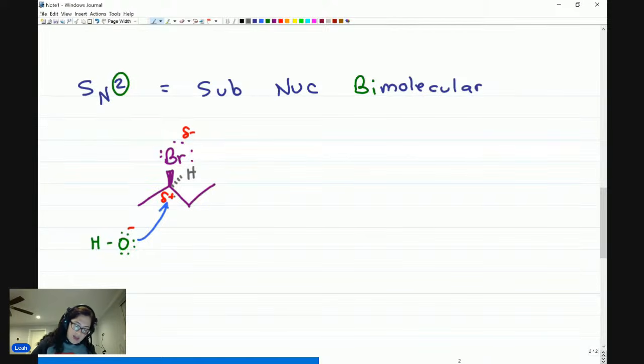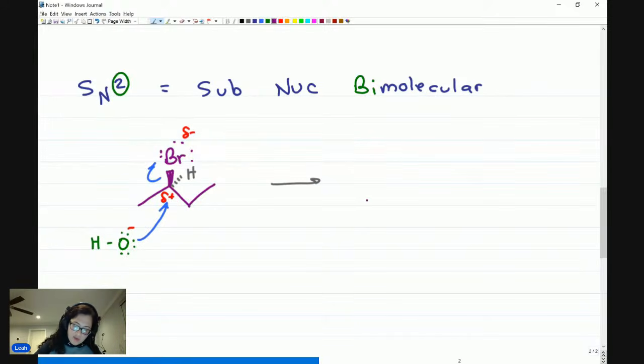When oxygen attacks, carbon is going to have to break something so it doesn't have 5 bonds. Specifically, what'll break is the bond between itself and the leaving group, because bromine was already pulling so much, trying to pull the electrons towards itself, that oxygen coming in gave it the push that it needed. It steals those electrons and breaks away.